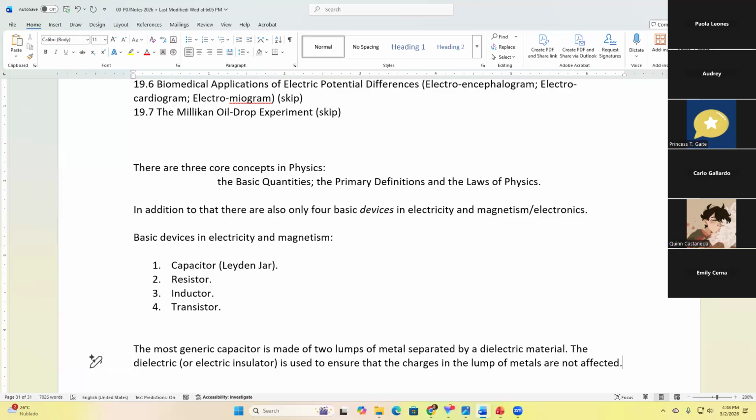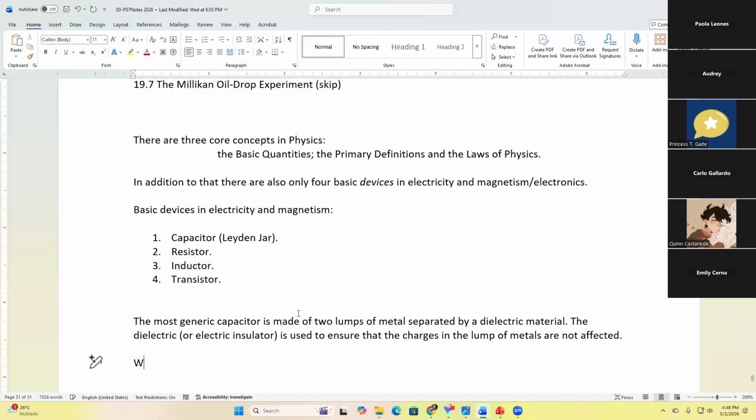Two lumps of metal separated by an electric insulator. So it can be two pieces of iron, okay? Sandwiching a piece of glass, for instance, okay? Which dielectric materials can we use to insulate these two lumps of metal, right?